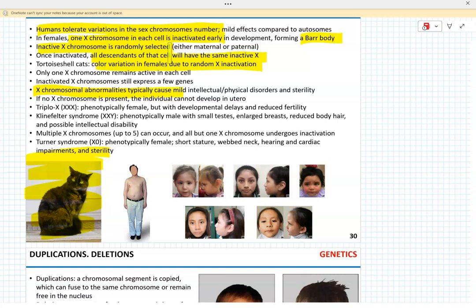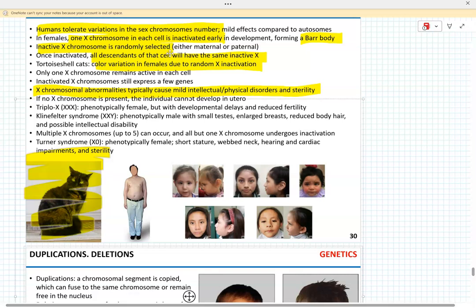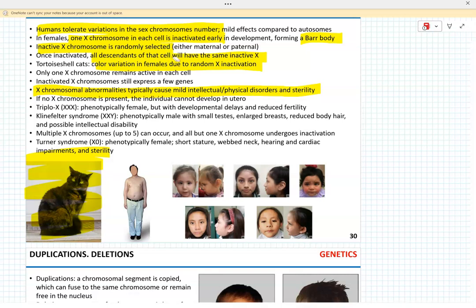Now, X chromosomal abnormalities usually cause mild disorders associated with cognitive and physical abilities, and usually sterility. The absence of an X chromosome results in the ablation of uterine development, so it doesn't lead to any viable offspring.